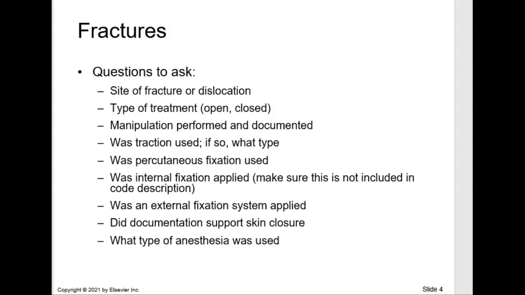Sometimes those pins may stay in there forever, and sometimes after 6 months of healing, they'll go in, make an incision, and pull them out. External fixation would be like a brace, anything to keep it in place. It's on the outside of the body. And then, did documentation support skin closure? And what type of anesthesia was used?